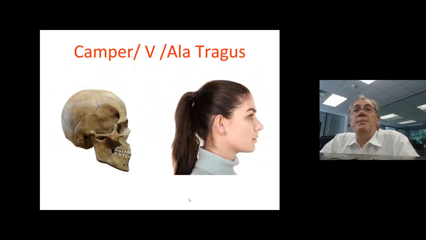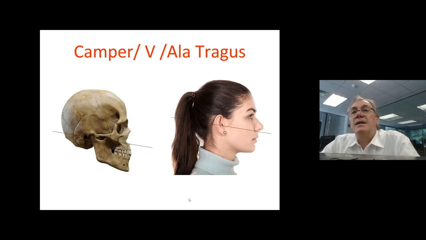So the Camper versus the ala tragus: many believe that they are exactly the same, and I'm one of those. The only thing that I can realize that differs is the fact that the Camper plane is known to be a bony reference, therefore located directly on the bone of a patient. Pretty difficult to locate, to utilize and to visualize.